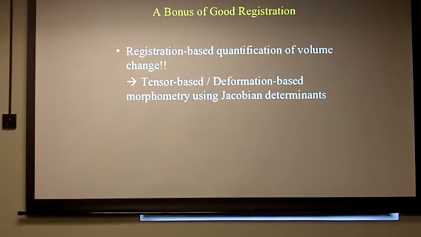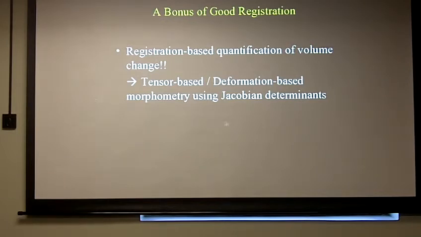So going back to Marna's question, a bonus of good registration is that we can do registration-based quantification of volume change, because registration has got so good. If we use the deformation information out of that registration, then we can automatically quantify the volume change amount, volume expansion or volume reduction.